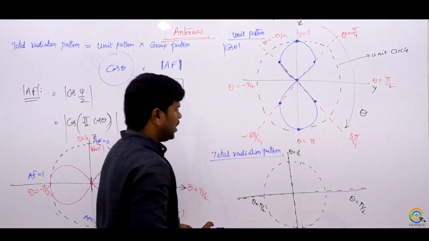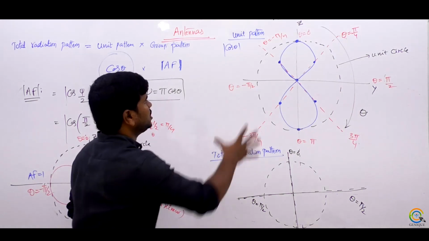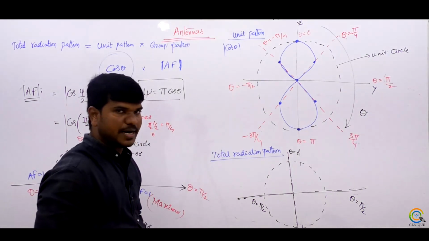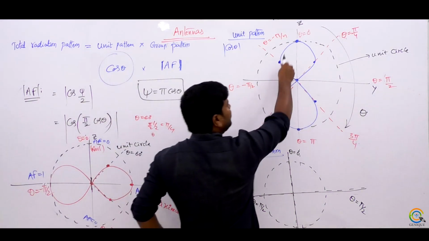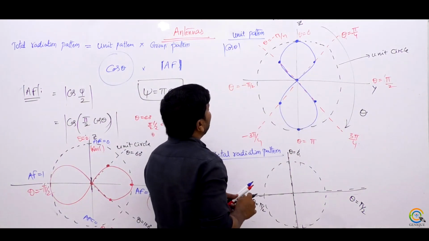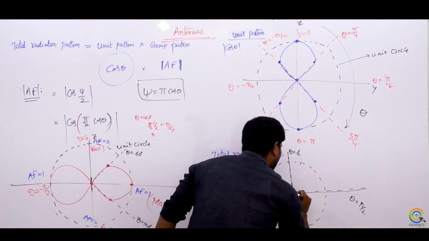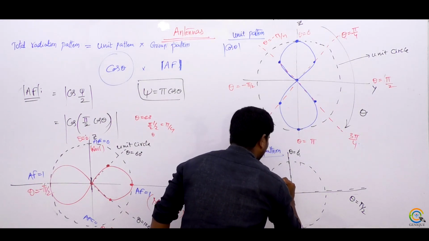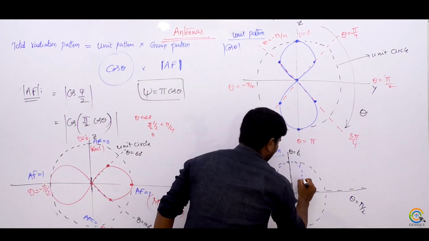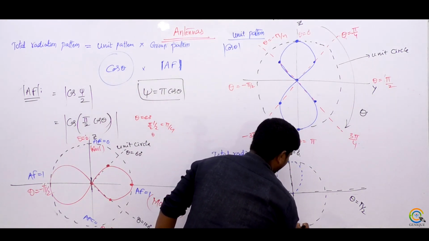If you multiply these two, you will get the total radiation pattern. The blue pen represents the unit pattern, in this direction.